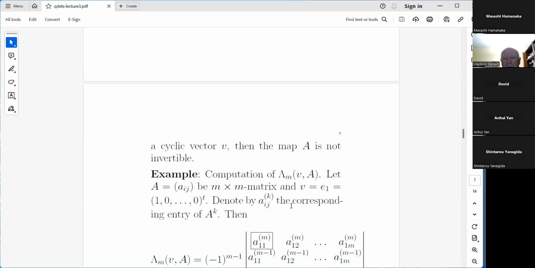And now, new notation, if I consider the power of A to the k, and I treat A as a matrix, then on Aij, this is the entry of A to the k of the index ij.